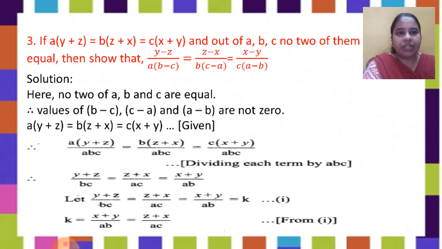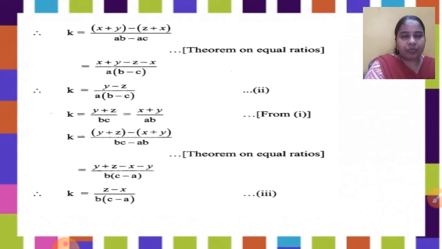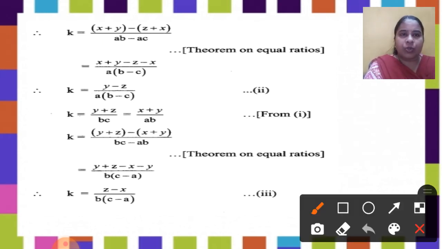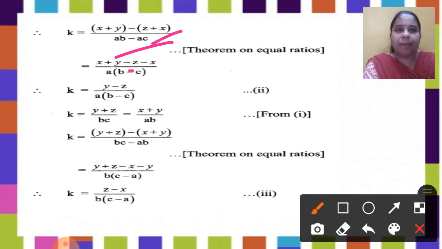Okay, so after writing this, you put it as equation 1, and I have to use the theorem of equal ratio. I told you at first also that it is not always to be added, it can be subtracted also. So in this particular case, I am subtracting it like this and then opening the bracket. Signs will change, this will become minus z and this also will become minus x.